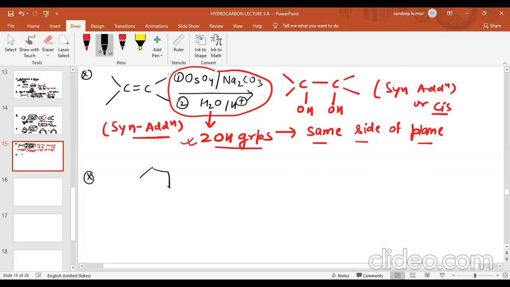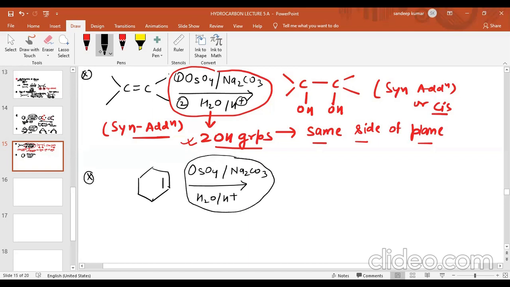So the question is like this: if cyclohexene is given, and in cyclohexene you add osmium tetraoxide in presence of Na2CO3 and hydrolysis, basically this reagent will provide 2 OH groups, and both OH groups will come from the same side of plane, either from dash position or from solid position, it means wedge position.